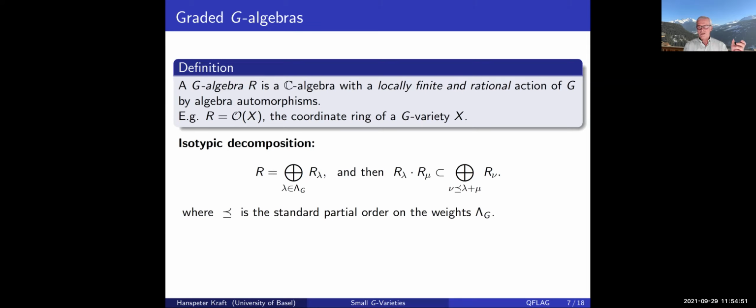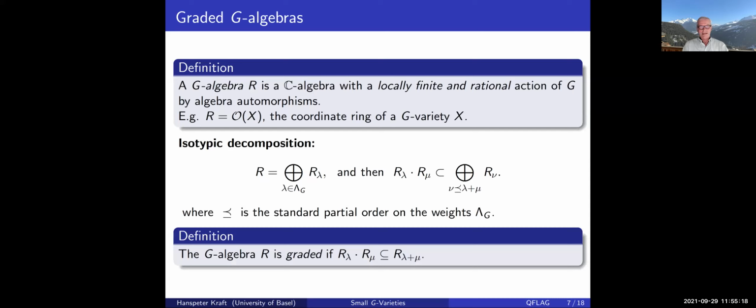Remember, this is given by lambda being smaller than mu if the difference is a sum of positive roots. That's the ordering you get. So if you multiply the two, you might find R lambda plus mu, but you also might find smaller ones. This is a well-known fact from representation theory.